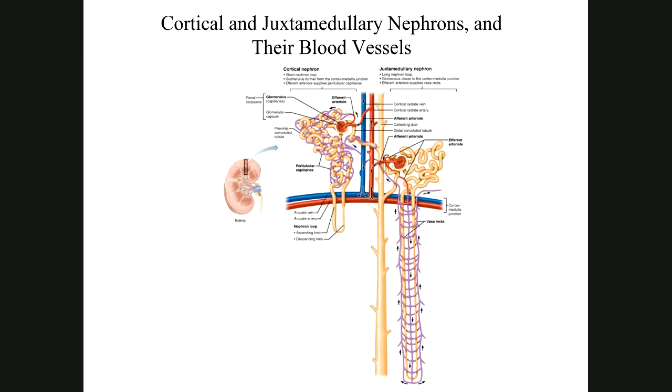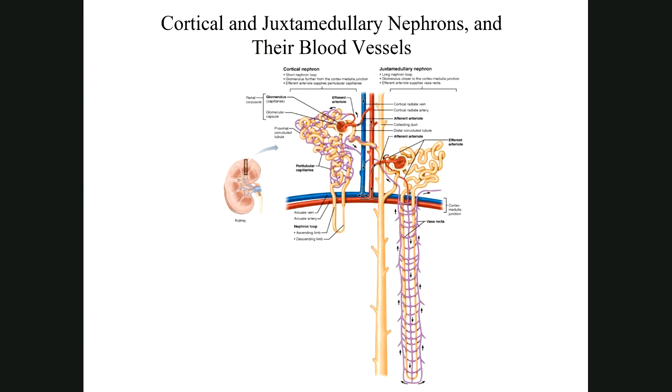Serving the juxtamedullary nephron. And their function is to form concentrated urine. The kidney processes about 180 liters of fluid daily, but only 1.5 liters of urine is formed.